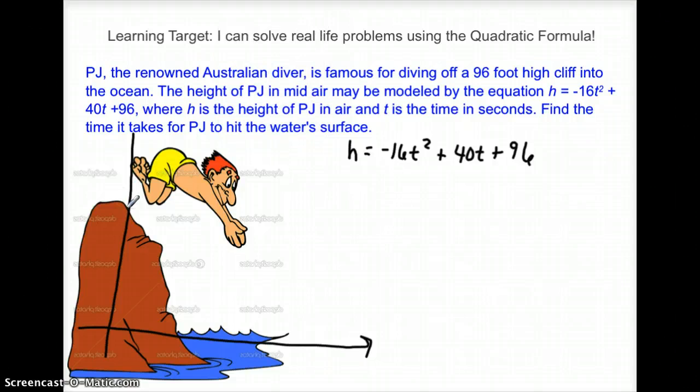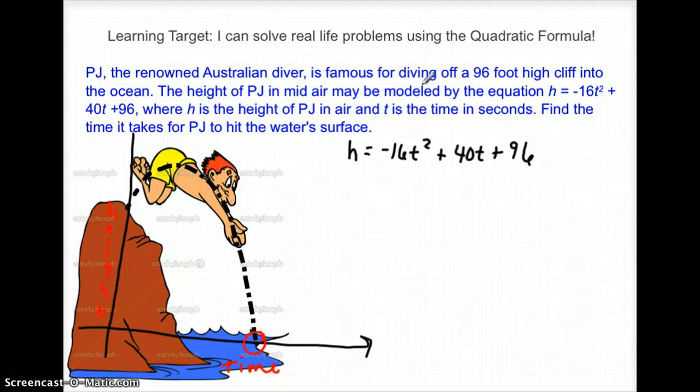He started off the cliff and jumped off, and now he's traveling in a parabola shape, and I want to know when he'll hit the water. Right here, this is obviously his height. I need to find the time, how long it takes him in the air to finally hit the water.